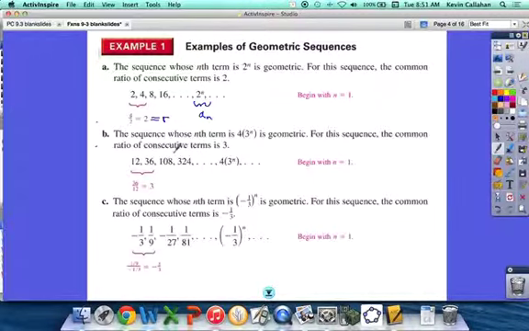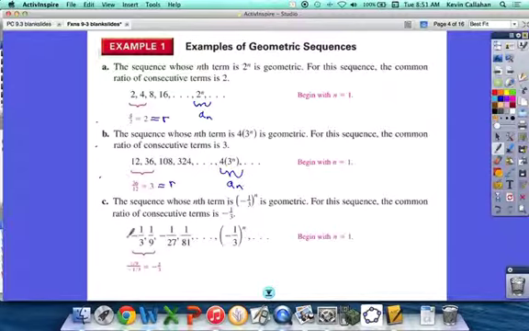This is the same number every time, which means it's geometric, and that's the r. Okay, now look at the formula again for a sub n. Do we see our common ratio? Common ratio is 3. There's the 3. It's the thing that's being raised to the n power.